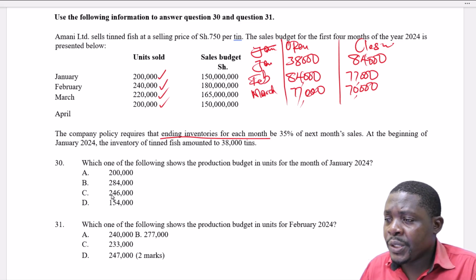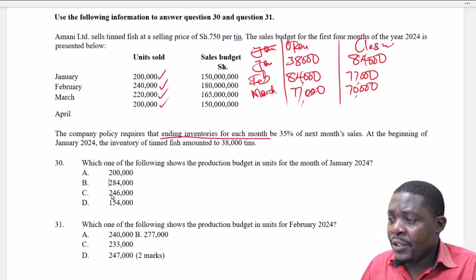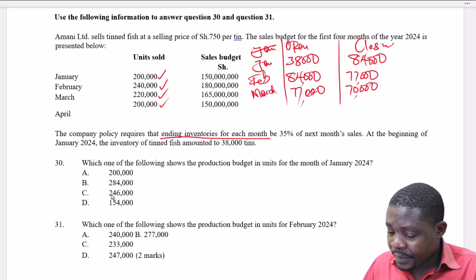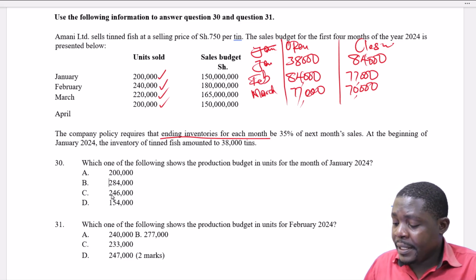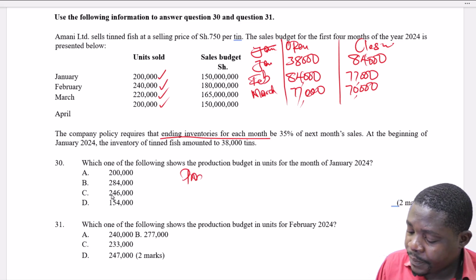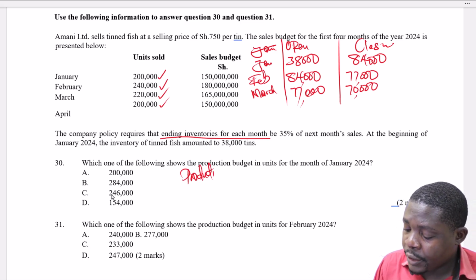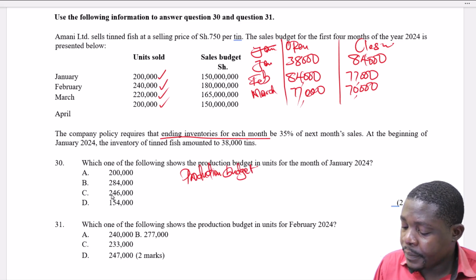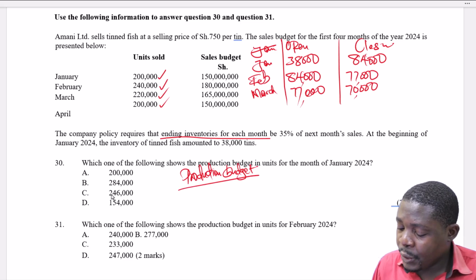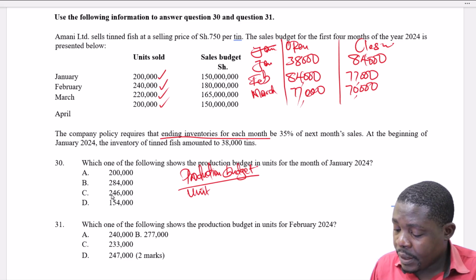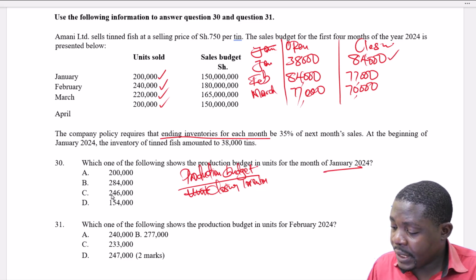Which of the following shows the production budget in units for the month of January? In this case, units produced equal closing inventory plus units sold less opening inventory. Closing inventory for the month of January was 84.